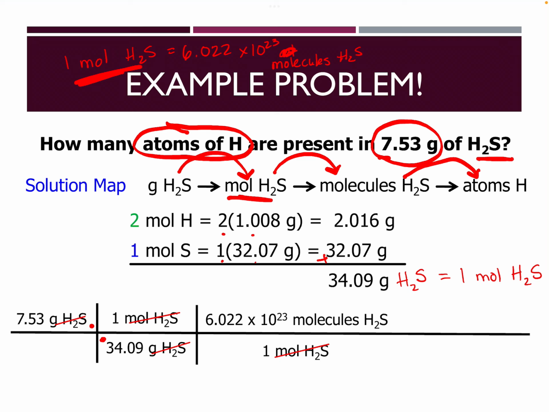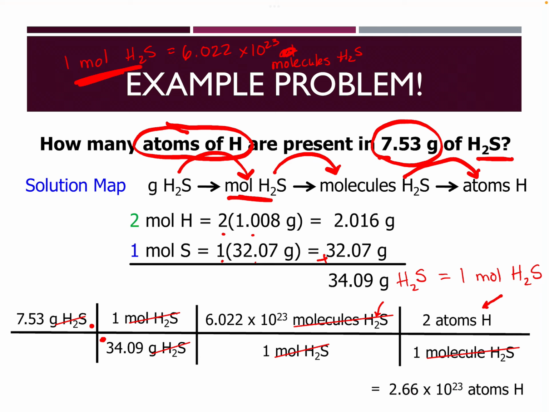So if you look, for every 1 molecule of H2S, we have 2 atoms of hydrogen here. We make sure our units cancel, and then we make sure, did we find what we were looking for? We were looking for atoms of hydrogen, and we found atoms of hydrogen. So we can now multiply all of the numbers on the top and divide by all of the numbers on the bottom, and we'll get our answer.